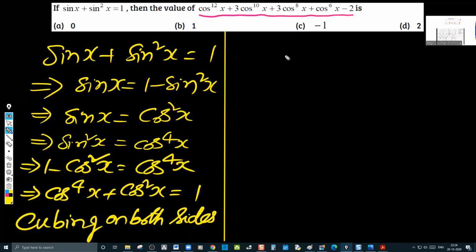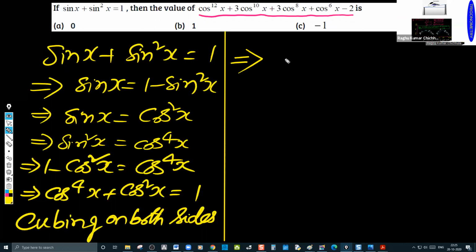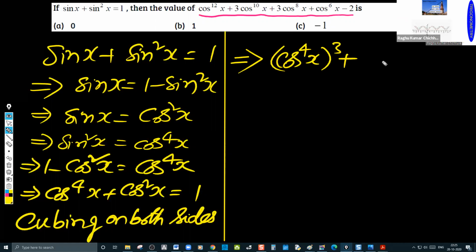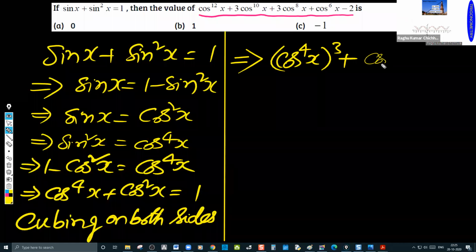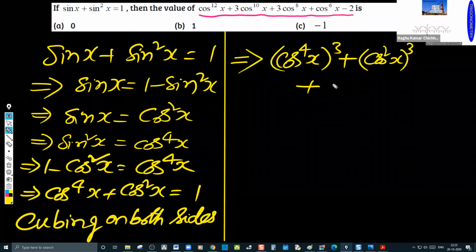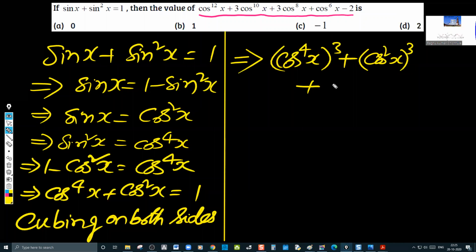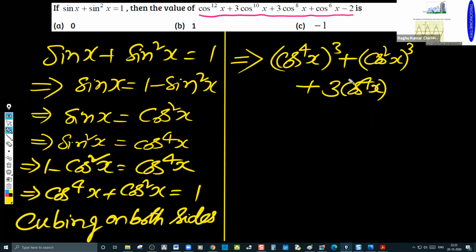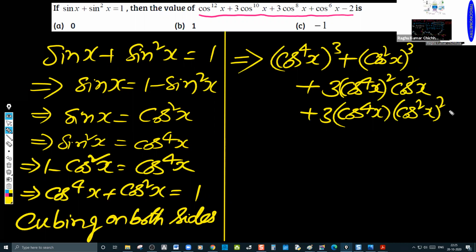Cos power 4 cube, now, is the A cube plus B cube plus 3A square B plus 3AB square, is equal to 1 cube. Now I think you must get the answer.